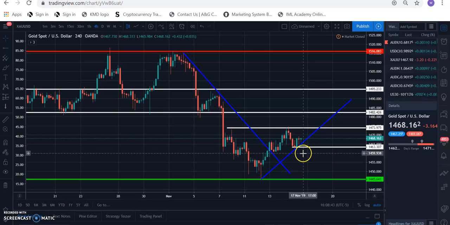Not only that, breaks this white support. So if it goes down to 1460, I will put a sell, and gold will be positioned to hit right here 1456 and even 1452.